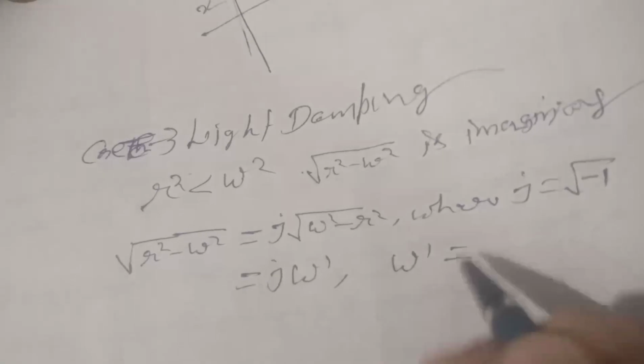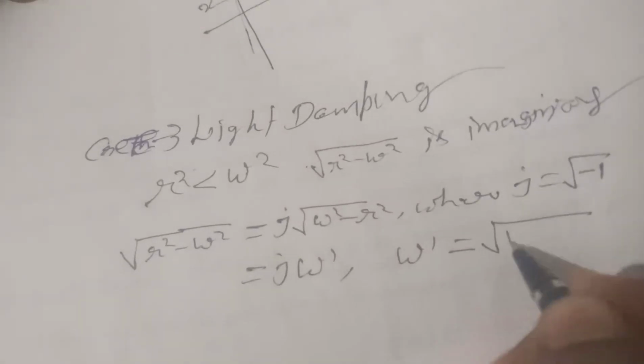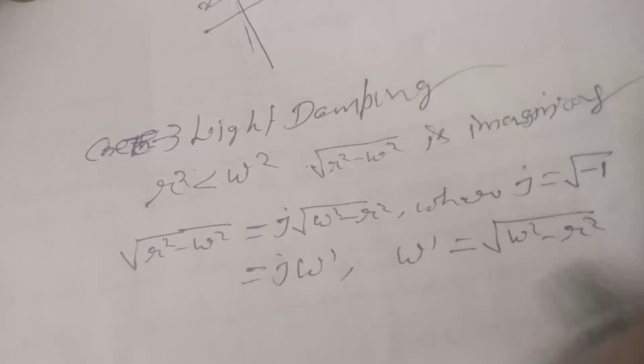Omega dash is equal to under root omega square minus r square.